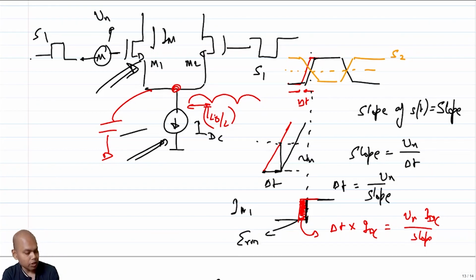Because this is going to move, there will be a current that will come through this capacitor, which is non negligible now. And now the flicker noise of M1 and M2 gets a path to flow through this capacitor and hence come out also, right? I am not proving this because of lack of time, but you can get the idea that having very large devices can cause flicker noise to come out.